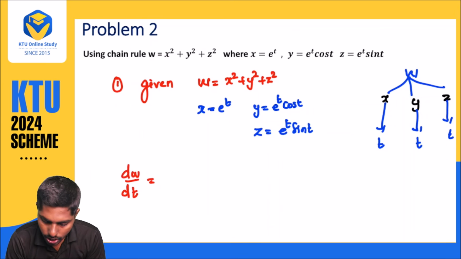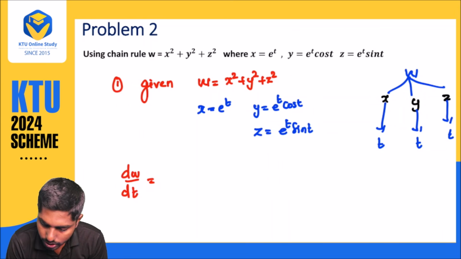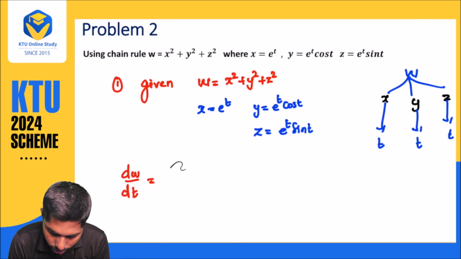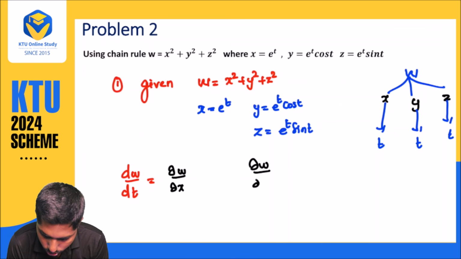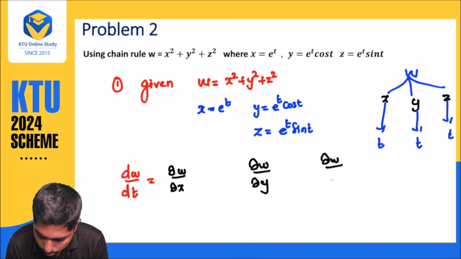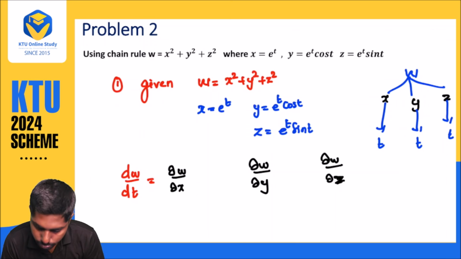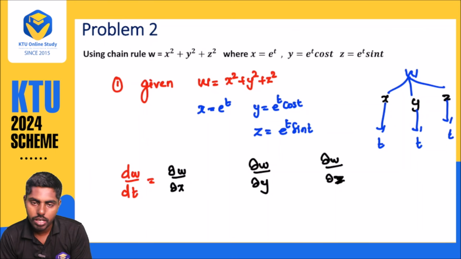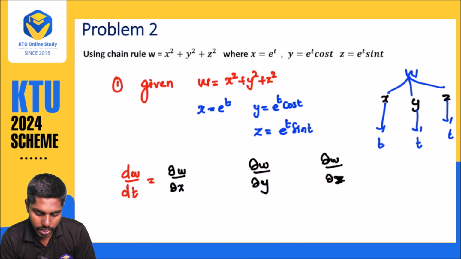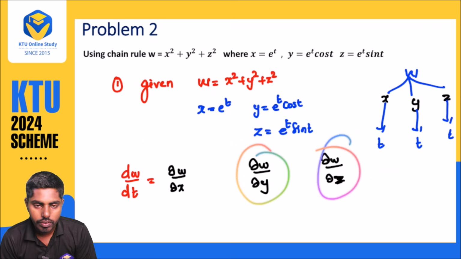So our formula is dw/dt is equal to, see, observe, w is depending upon three variables. That is, we can write ∂w/∂x, ∂w/∂y, and ∂w/∂z. That is partial derivative because it is depending upon more than two variables. That's the reason I am writing ∂w/∂x, ∂w/∂y and ∂w/∂z.